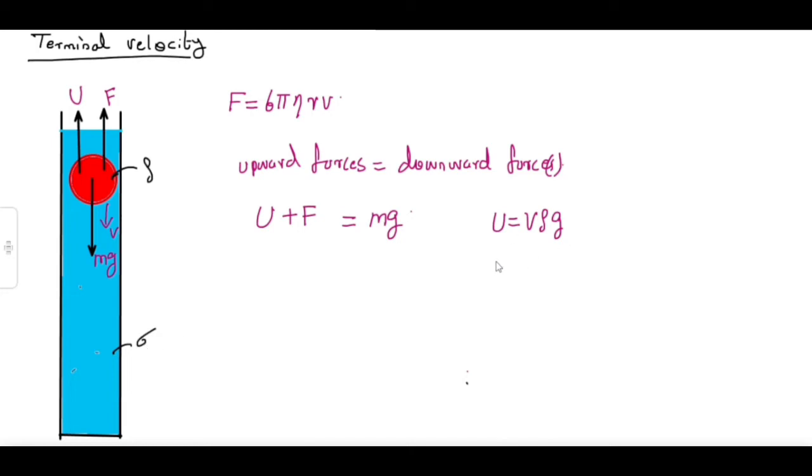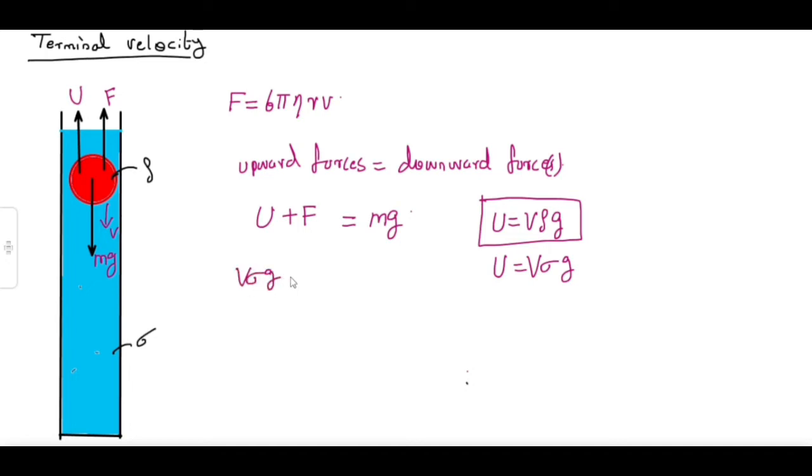So for upthrust, U is equal to volume into sigma into g. This is a general equation. Here we took the density of the liquid as sigma, so we can write the upthrust is equal to V sigma g.